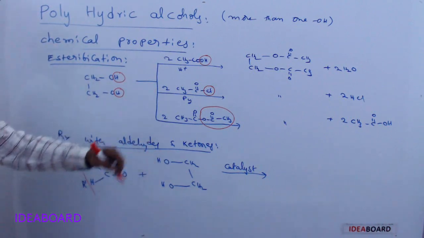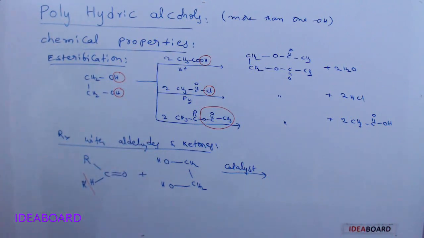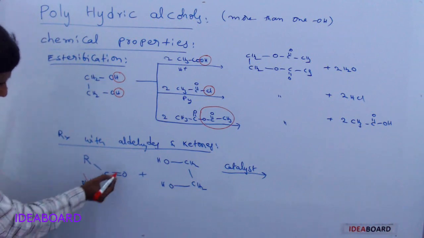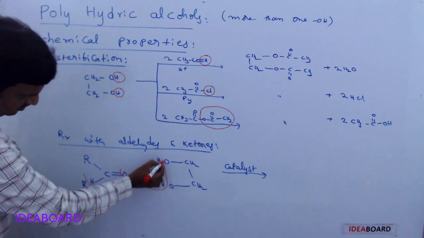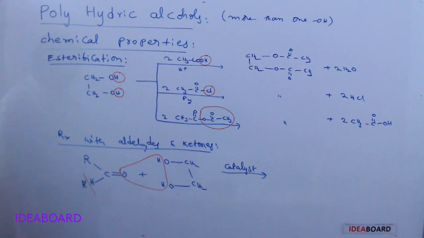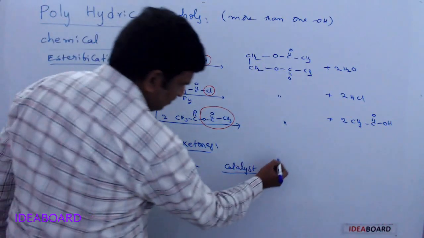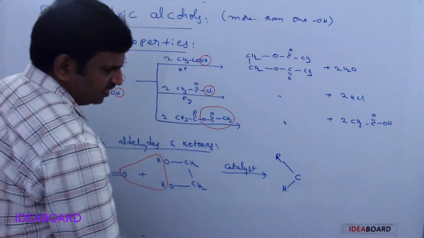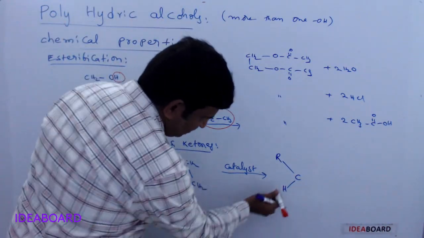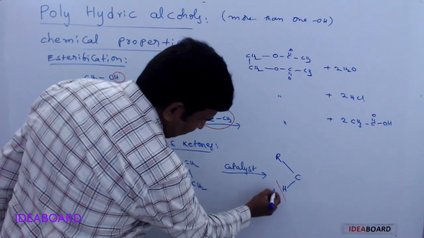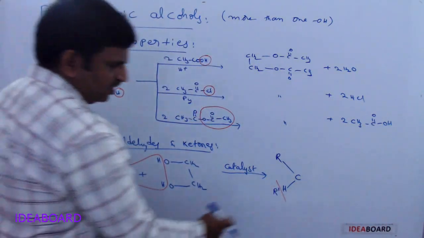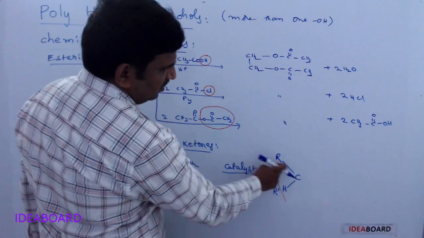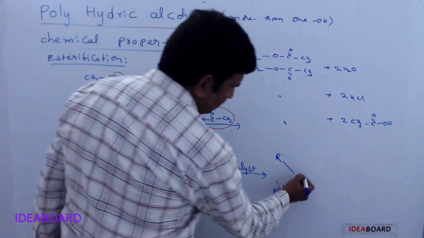And in the reaction with aldehydes and ketones, same as alcohols, aldehydes and ketones react with the glycols. In this process, oxygen and hydrogen are eliminated. Then what is formed here? The alkyl group C. If it is an aldehyde, we will get hydrogen, but if it is a ketone, then we will get an alkyl group here. So hydrogen or alkyl group means either an aldehyde or a ketone is taken.